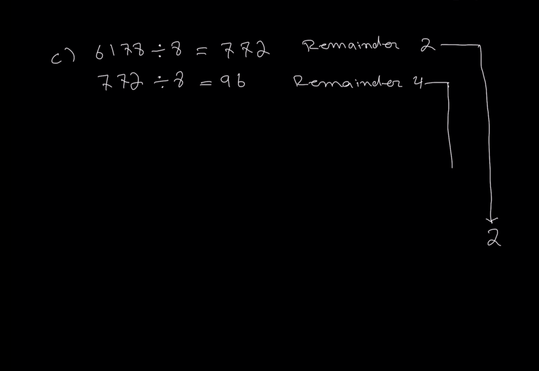Bring that 4 down. Okay, so the new quotient 96 divided by 8 will give 12, remainder 0.